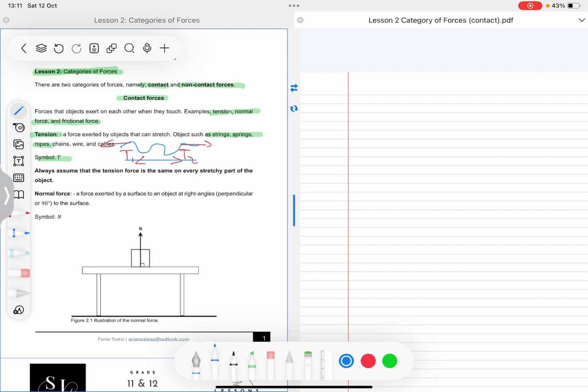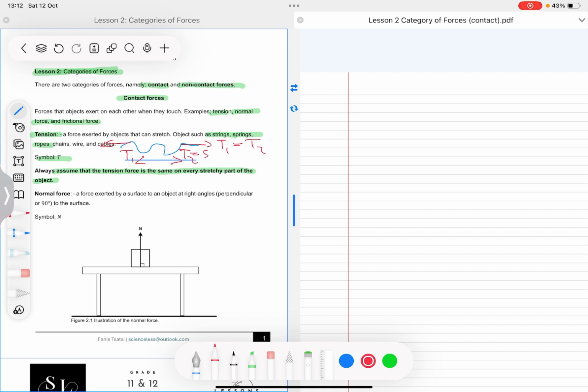Now, the objective of me doing this diagram is that at our level in high school, in grade 11 and 12, we always assume that the tension is the same on every stretchy part of the object. So what do I mean by that? We assume that the tension T1 is the same as the tension T2 in magnitude.